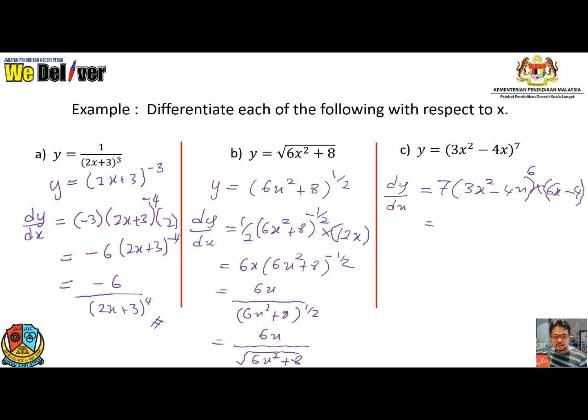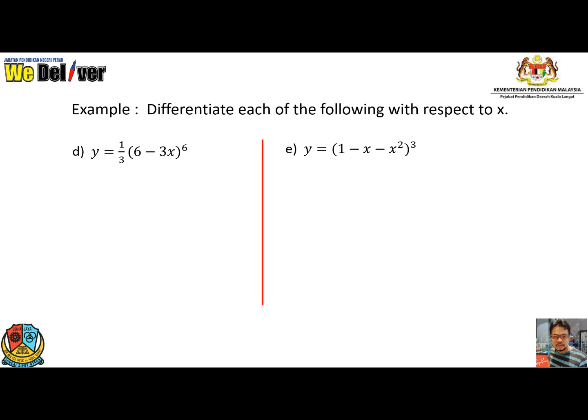So the answer is 7 times (6x minus 4) times (3x squared minus 4x) to the power of 6. Or you can expand, you get (42x minus 28) times (3x squared minus 4x) to the power of 6.